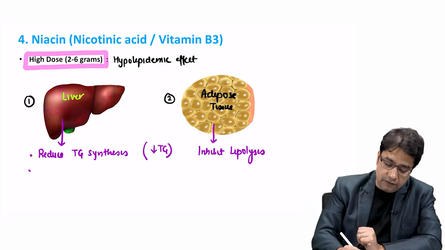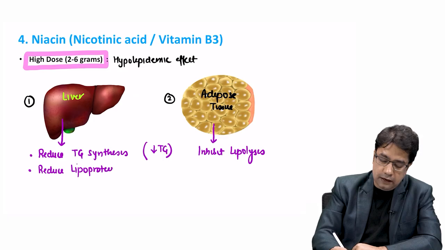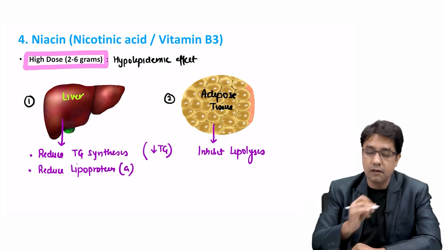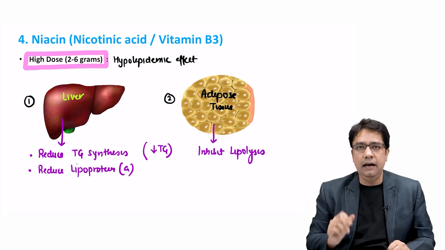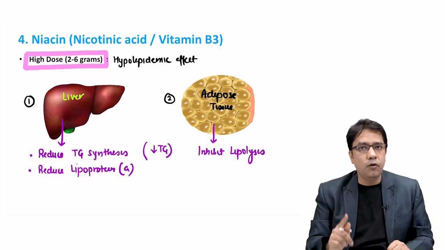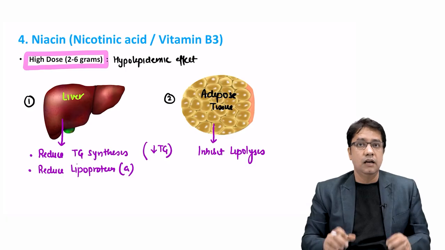Second point, in liver, niacin also reduces a very important lipid known as lipoprotein A synthesis. Lipoprotein A is a defective form of LDL, and it is only produced by the liver when there is atherosclerosis.